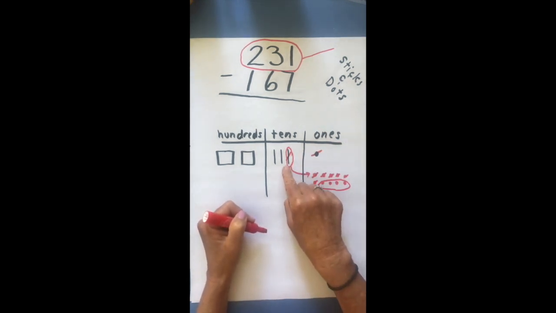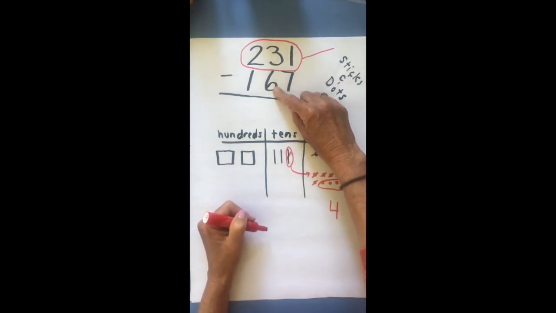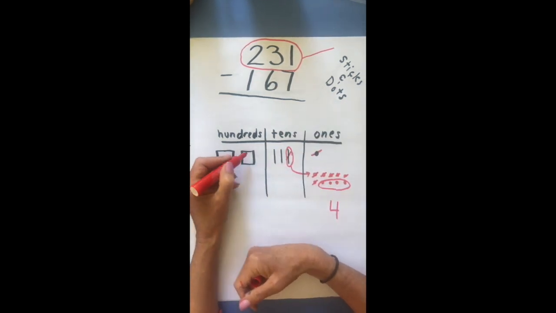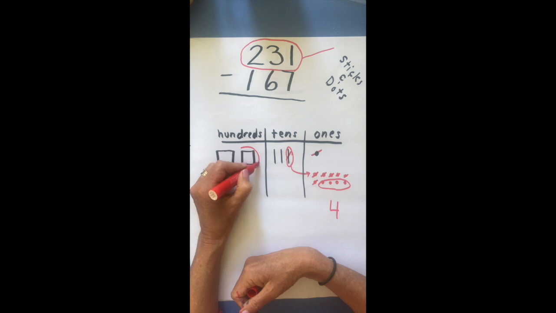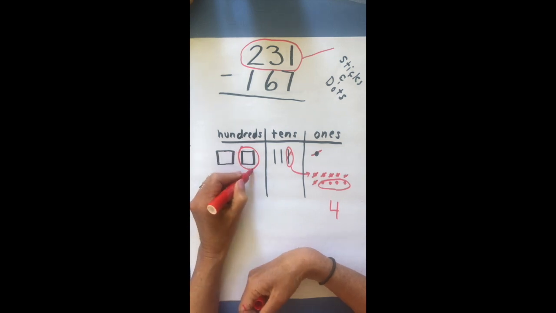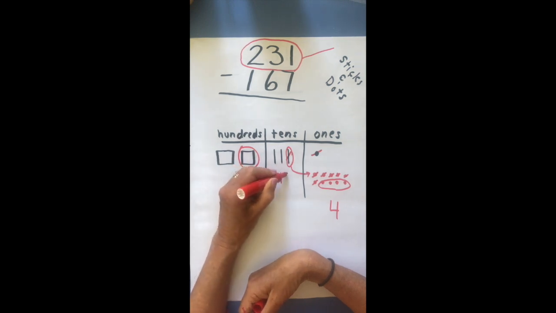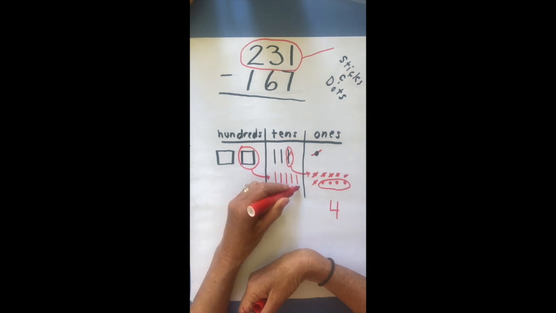Now I'm going to go to the tens house. It says take away 6. I can't take away 6 tens, so I have to go to the hundreds, and I know 100 is equal to 10 tens, so I'm going to change this 100 into 10 tens, or 10 sticks. 1, 2, 3, 4, 5, 6, 7, 8, 9, 10.